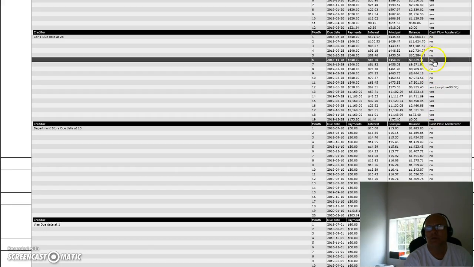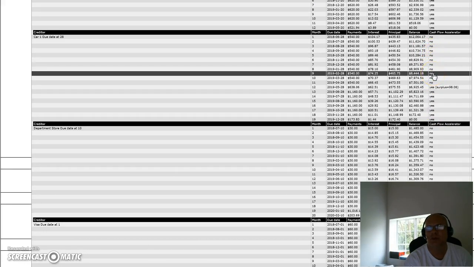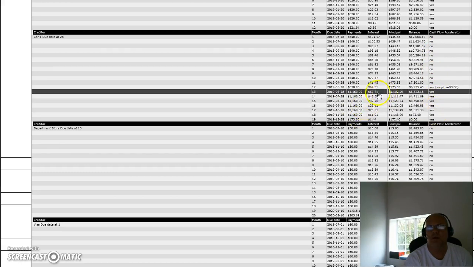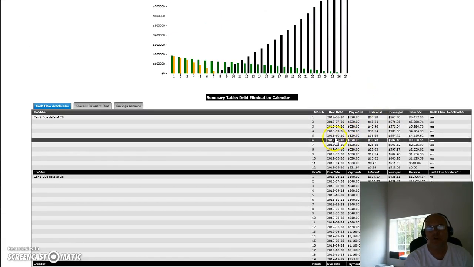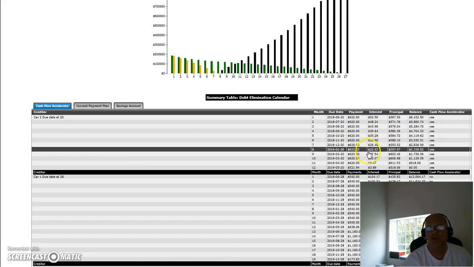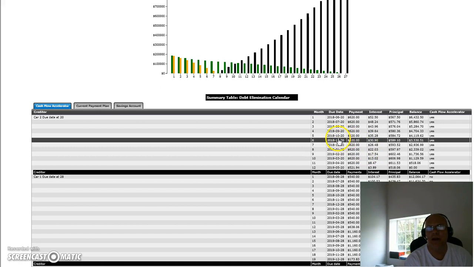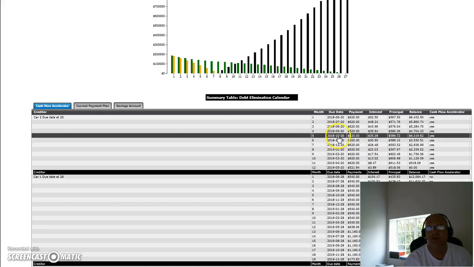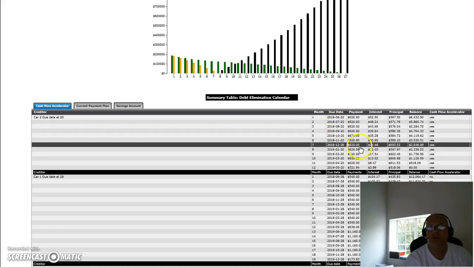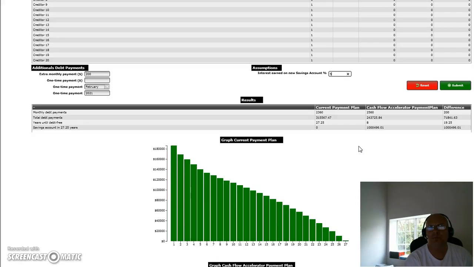That means that you're not applying extra to that loan each month. And over here, if you see a yes, that means you are. This is just for your information. This is not something that you have to keep track of. We actually send you an email reminder each month telling you what creditor to pay how much to. So we take care of that for you.